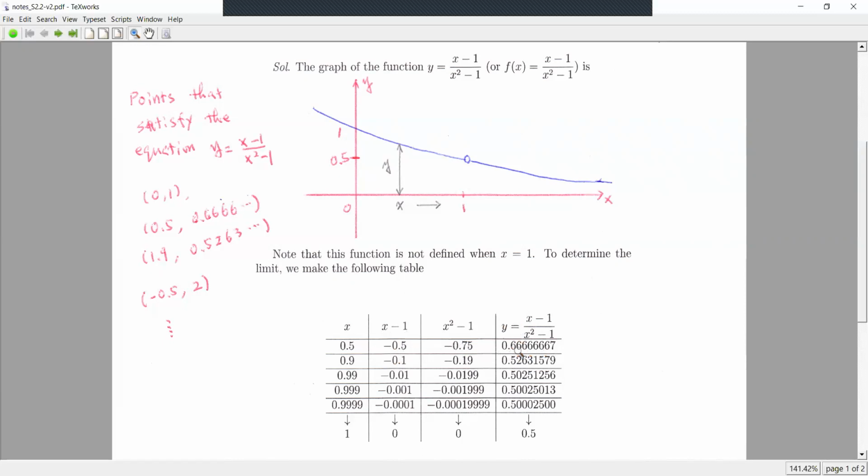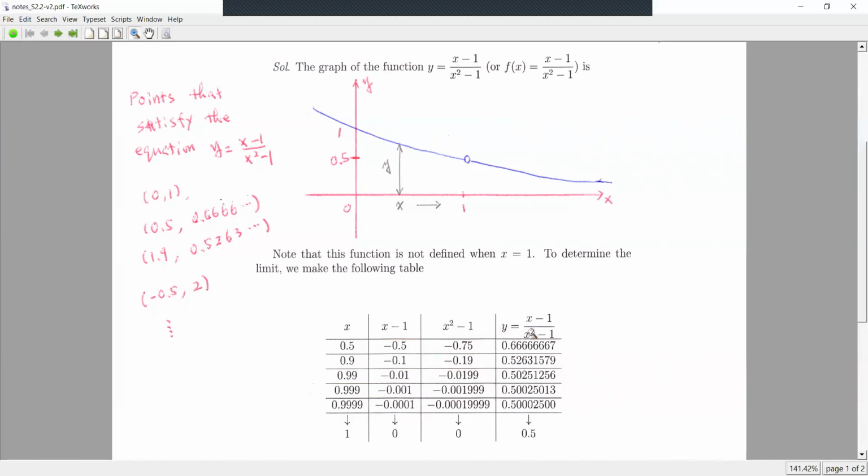It is this number. When x is 0.9, x minus 1 is negative 0.1. x squared minus 1 is 0.9 squared minus 1, which is negative 0.19.